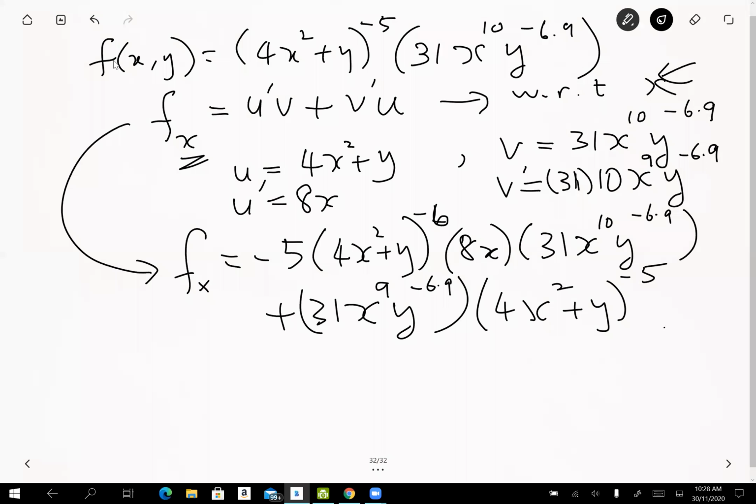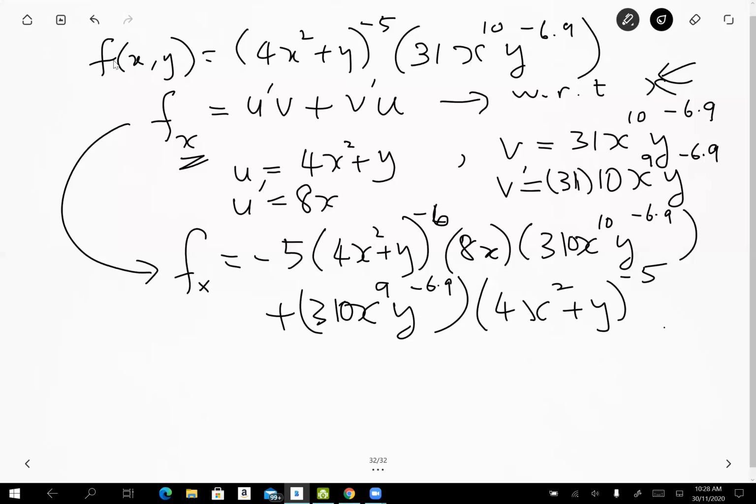So it's 310 for v prime. 31 multiplied by 10. Okay, I missed that 10. Actually, I didn't multiply out. So you multiply by 10, I put a 0 there. Multiplied by u, which is 4x squared plus y to the power of negative 5.